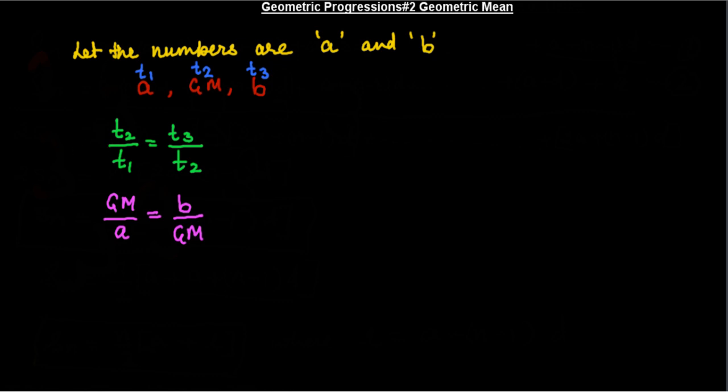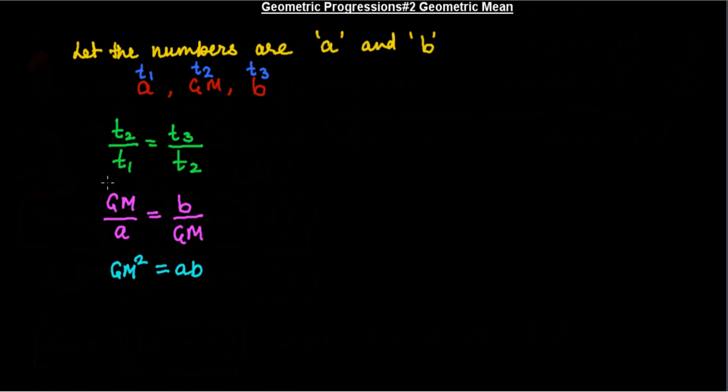So what we will do here, we will cross multiply this, and we will get GM square is equal to AB.